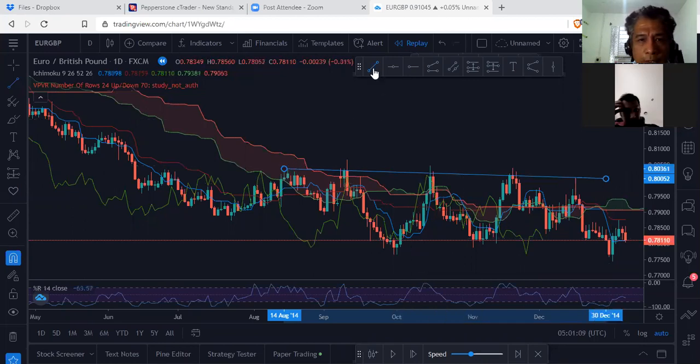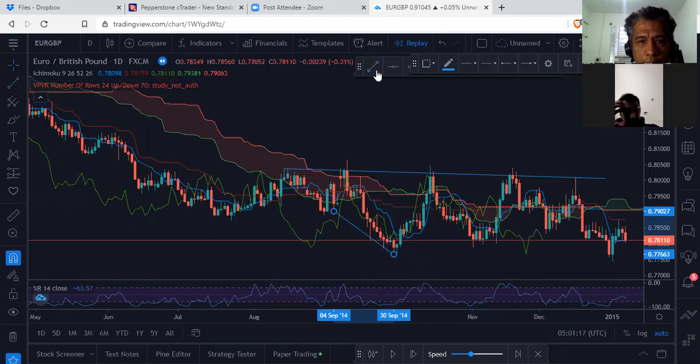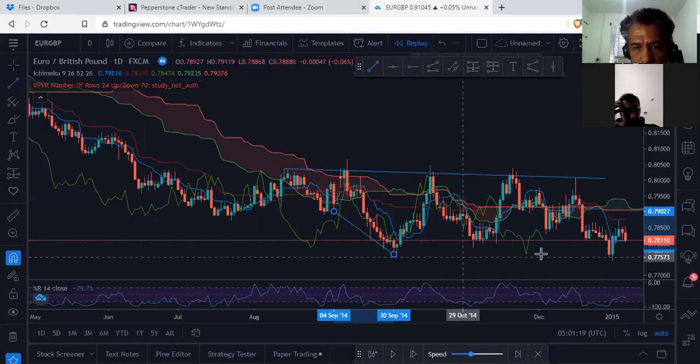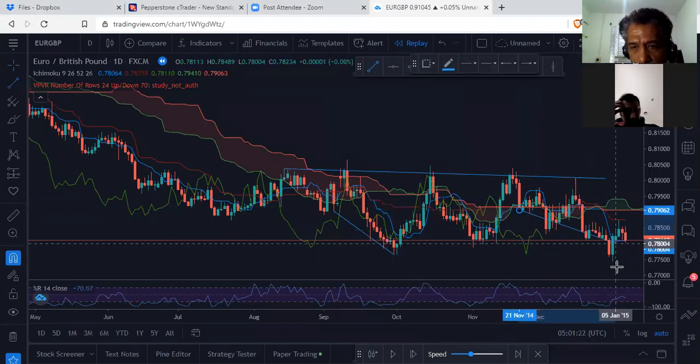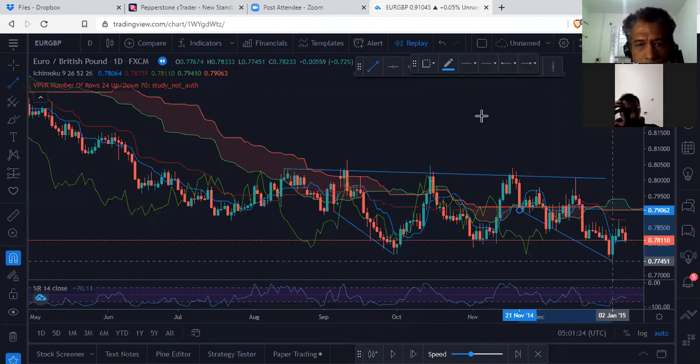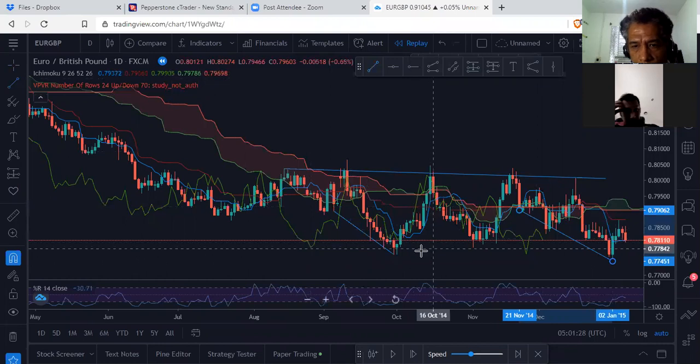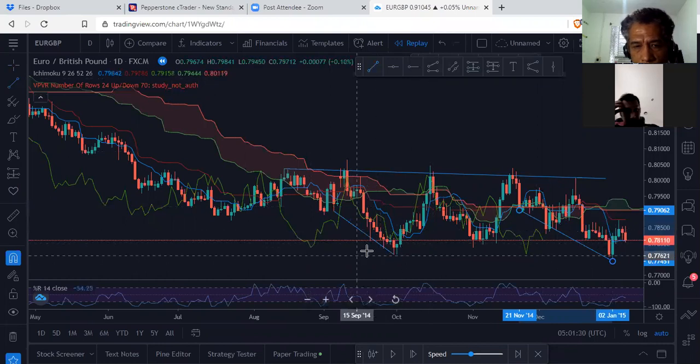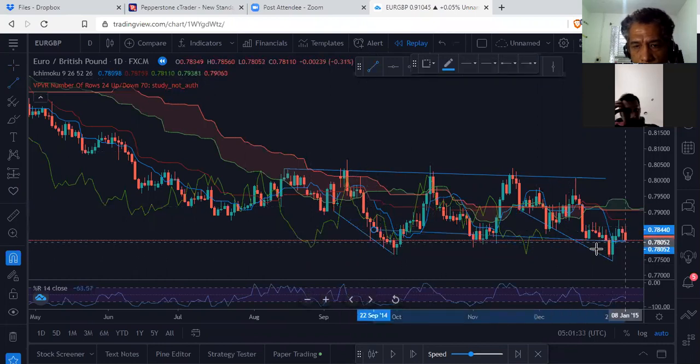But before I start, I'm going to make trend lines right here. 1, 2, 3. There are a lot of trend lines. Then 1, 2, 3. Then we can see it here.